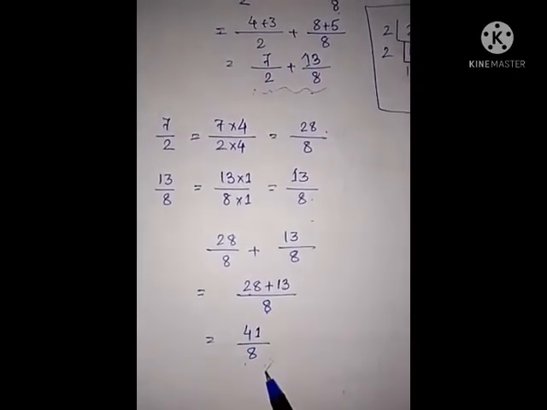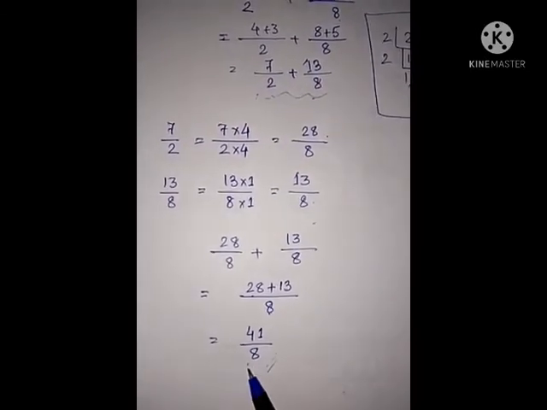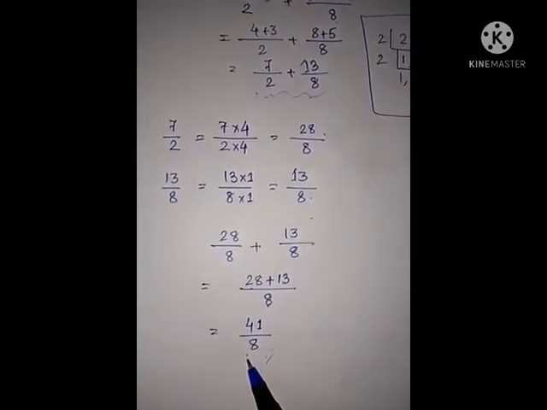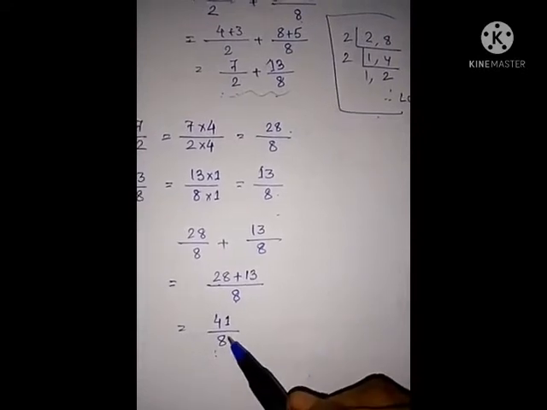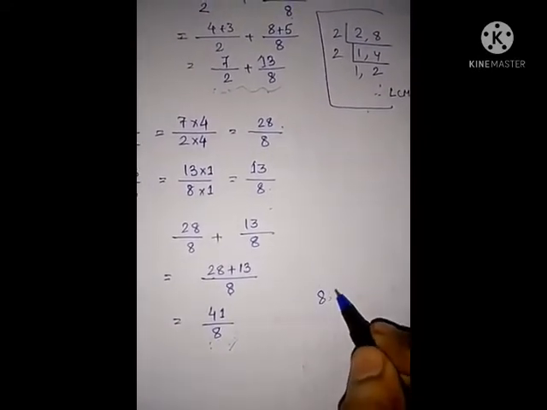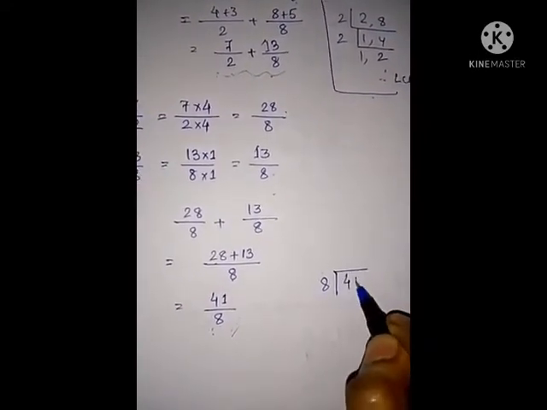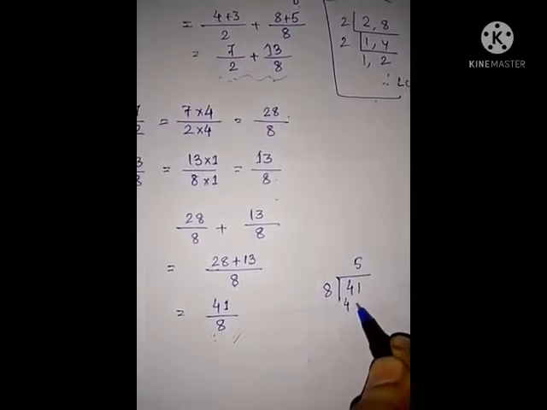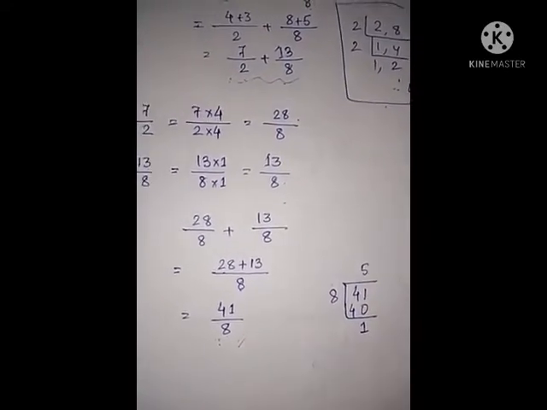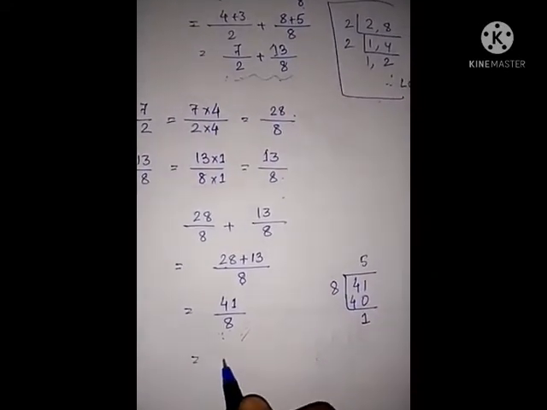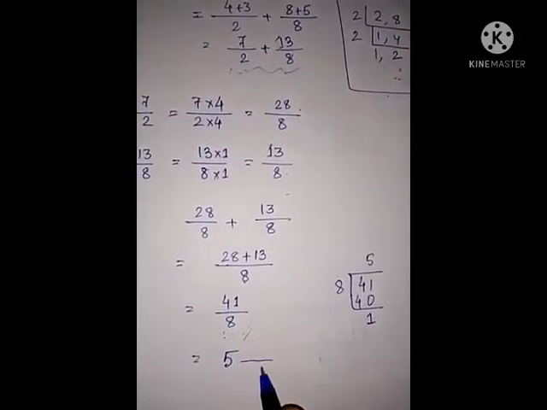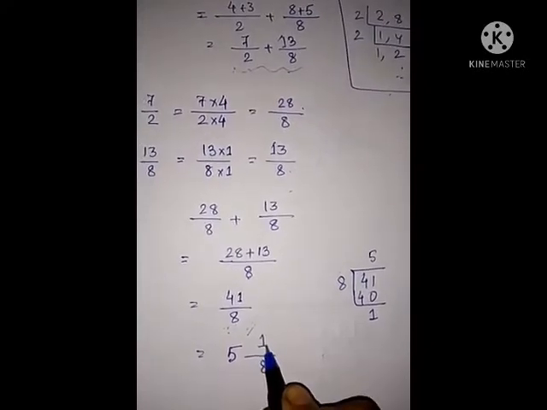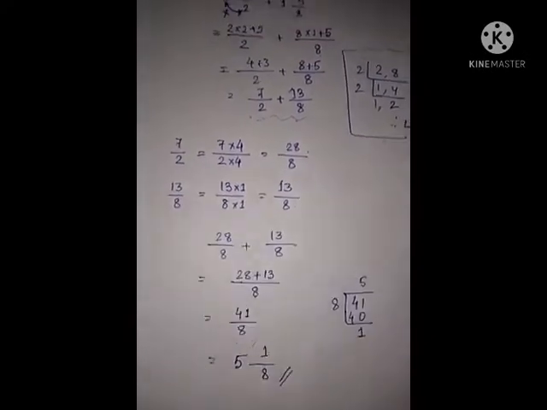So this is an improper fraction. So now we can write this as a mixed number. To write a mixed number, we have to divide this. 8 5s are 40. We have to write the quotient first, then the divisor, then the remainder. Okay, so this is the answer.